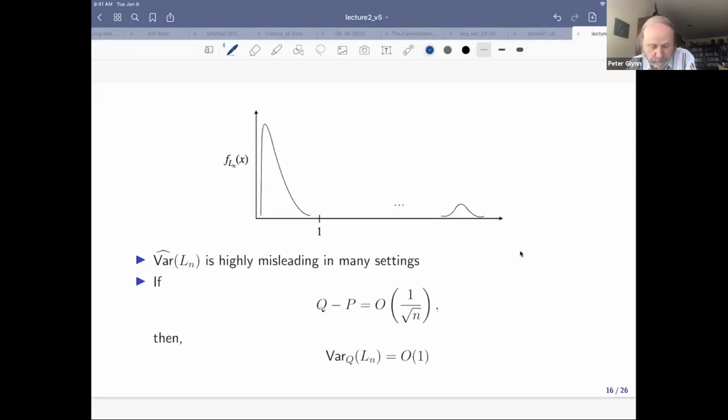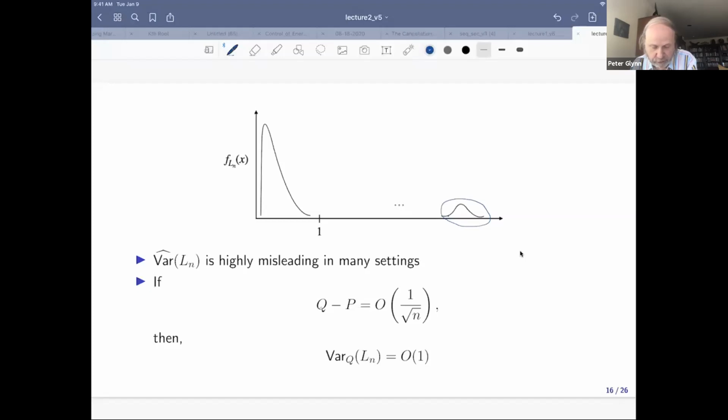But of course, in order for the variance to be big, it must be that there's some probability mass out at some very large value that makes the variance of Ln go to infinity exponentially in n. So this is a situation where the likelihood ratio is very heavy-tailed, and as a consequence, importance sampling has the following very unpleasant characteristic.